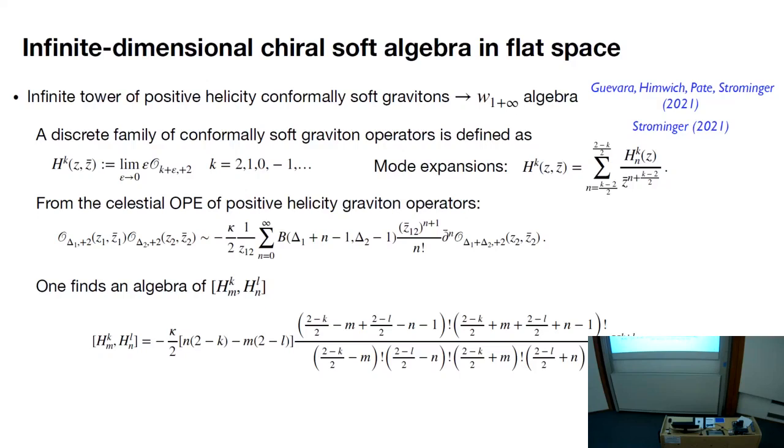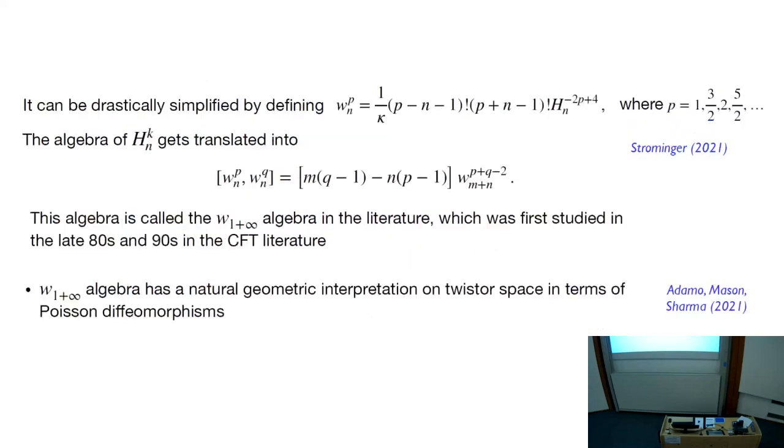We get a closed algebra from the conformally soft operators. And then, as you have already seen in this morning's talk, once we do a very simple redefinition of the conformally soft operators, we end up getting a very simple algebra written in this form, which is the W1+infinity algebra.